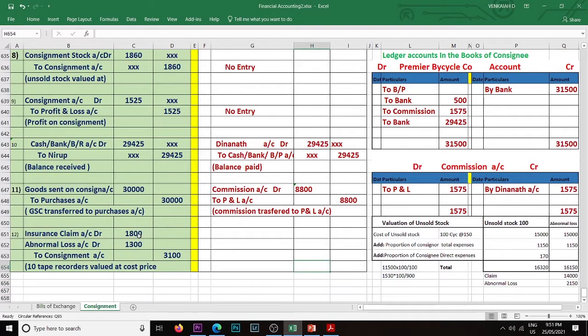Okay, right. Claim amount is 14,000. 2150 and 16,150.